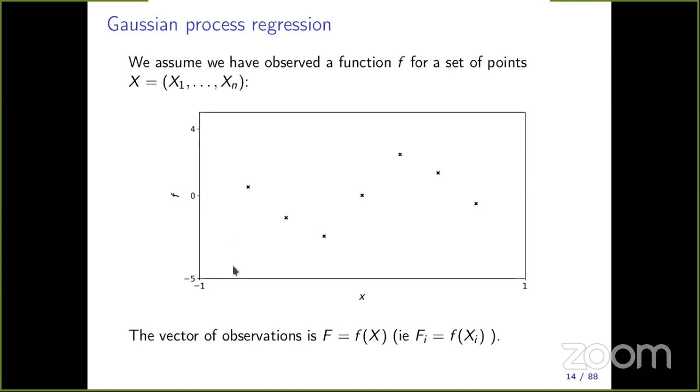If we want to predict what's happening, for example, at this location, we cannot make any prediction if we don't make a hypothesis about the behavior of what's happening in there. If you were to ask a human, they would probably say, oh, I guess maybe the value is over there. And if the human says that, it is because they can see some continuity, some regularity in the function that we have sampled.